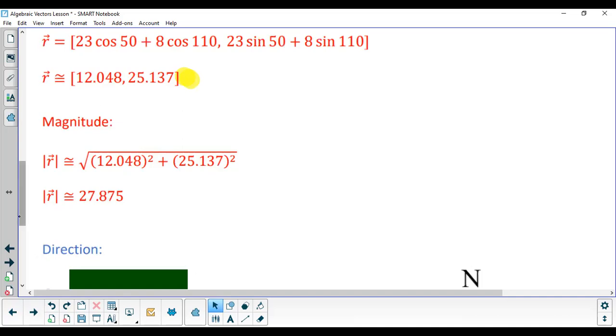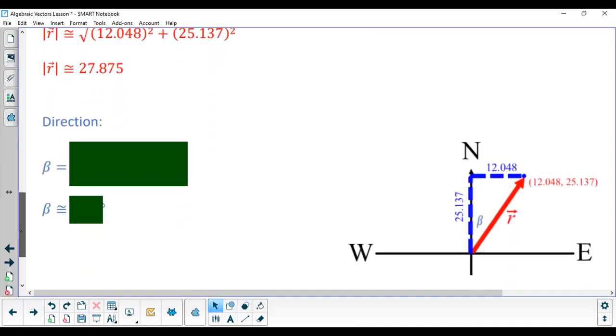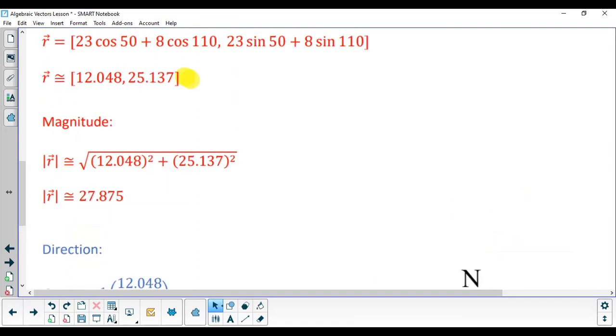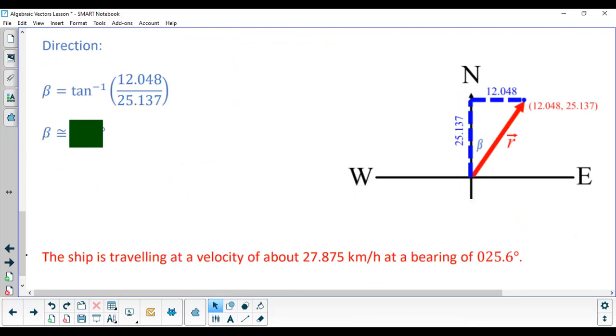And the final component of this question would be to use trigonometry to solve for the direction of this vector. Because I have my resultant, I know what my horizontal component and my vertical component is. This time we're not talking about principal angles.